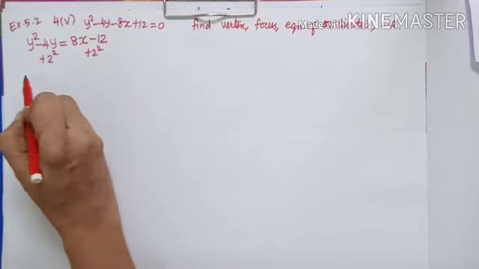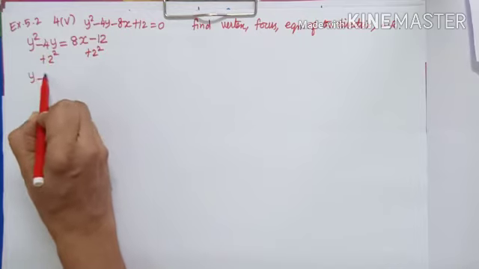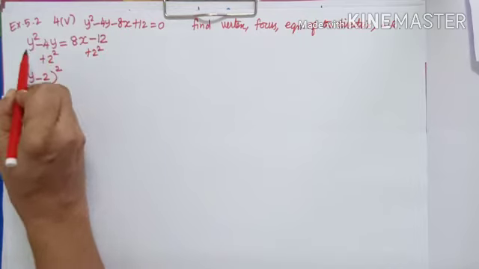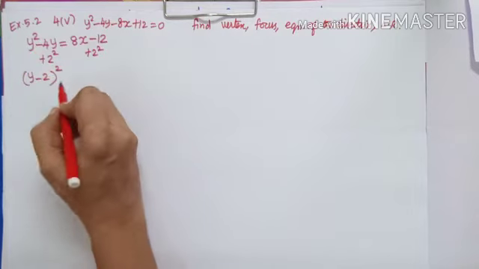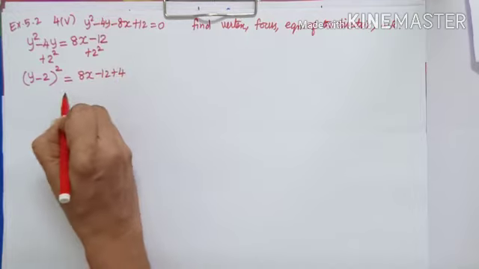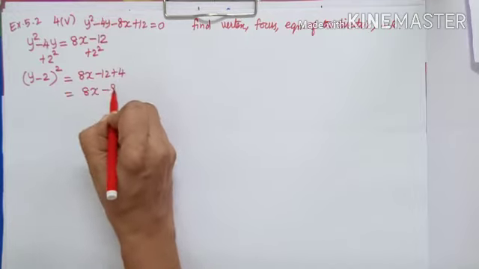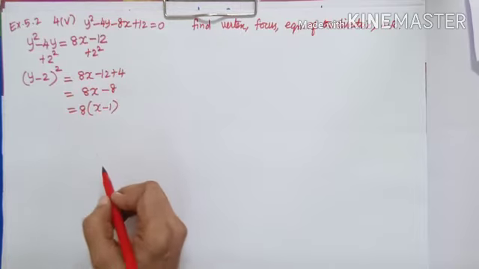The next step, this is a square minus 2ab plus b square. So I will write y minus 2 the whole square. This is a and this is b, in between a minus symbol. Equals 8x minus 12 plus 4. This reduces to 8x minus 8. Take 8 out, it becomes x minus 1.